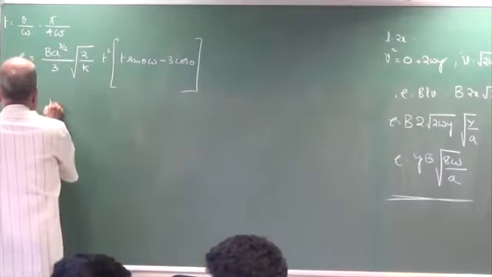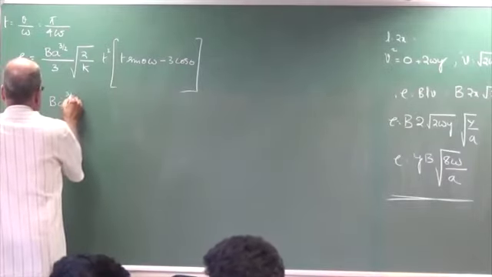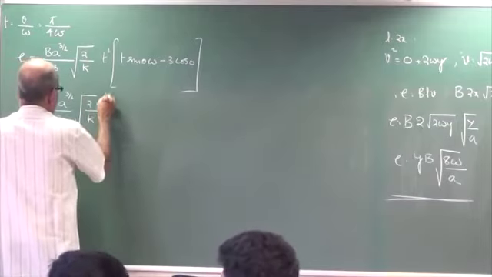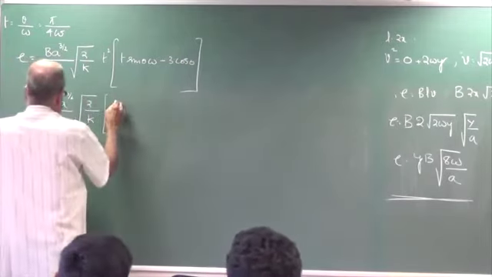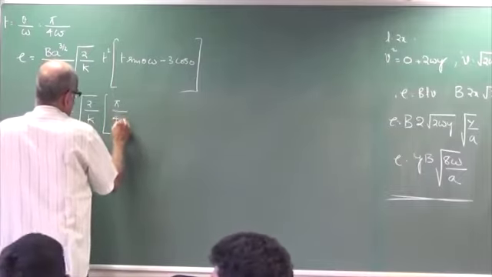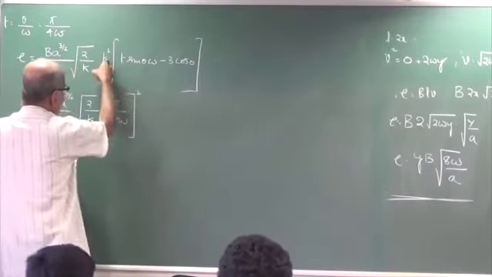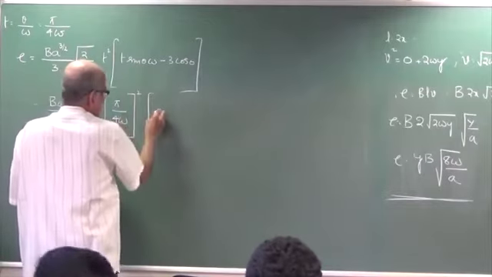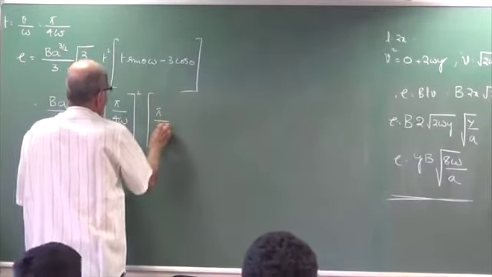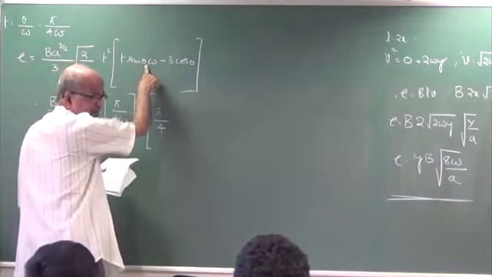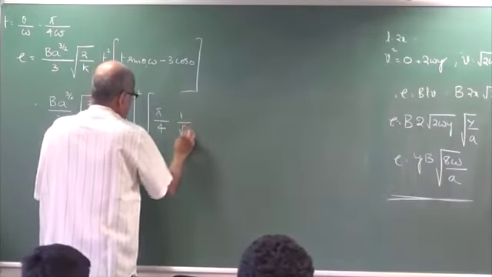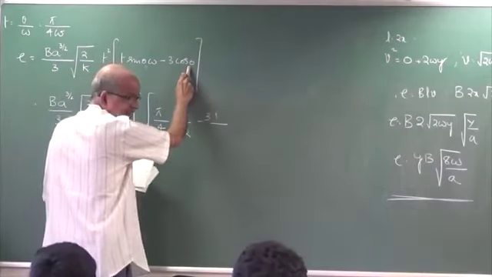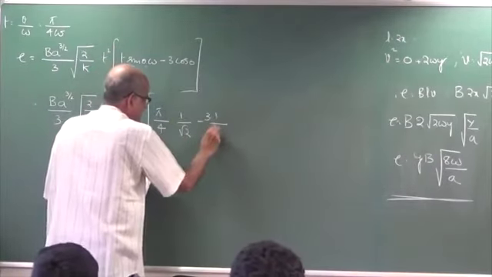Or this is B a power 3 by 2 by 3 root 2 by k. What is t? T is pi by 4 omega, the whole squared, inside omega t, this omega t is pi by 4, sin pi by 4 is 1 by root 2 minus 3 into cos theta is pi by 4, cos pi by 4 is again 1 by root 2.